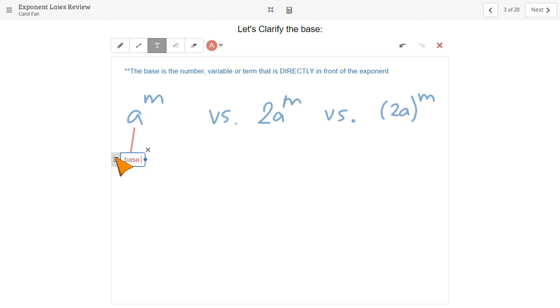So the base here is a. In our second example, I have 2a to the power of m. Once again, the base is still just a because the 2 is not directly in front of the exponent.